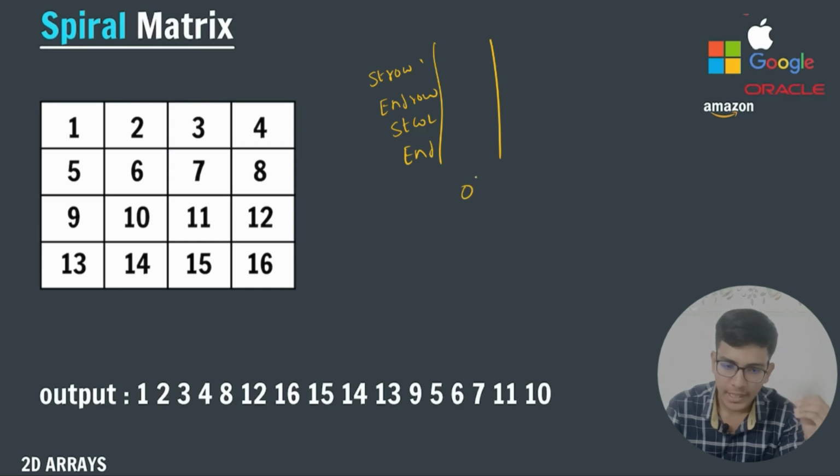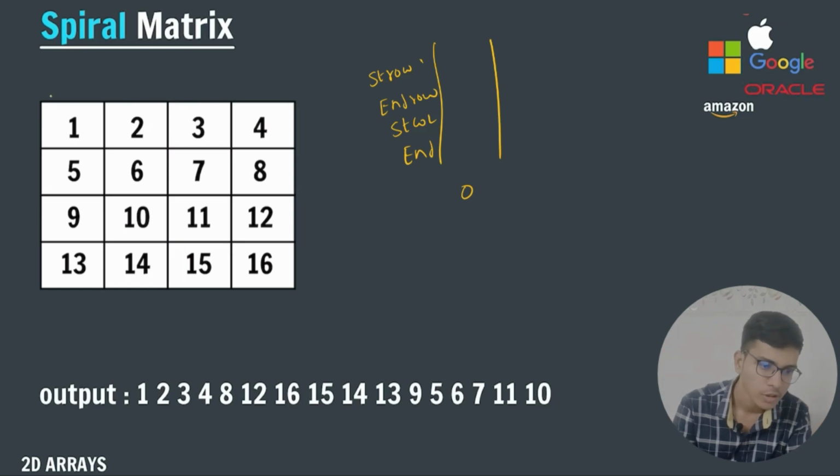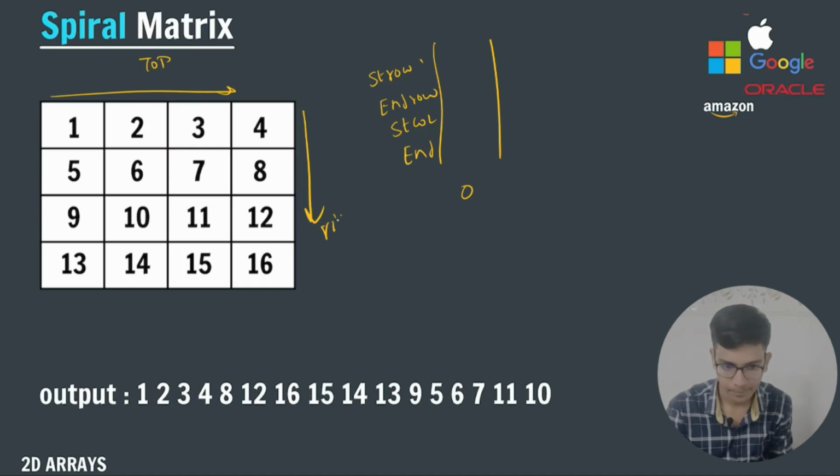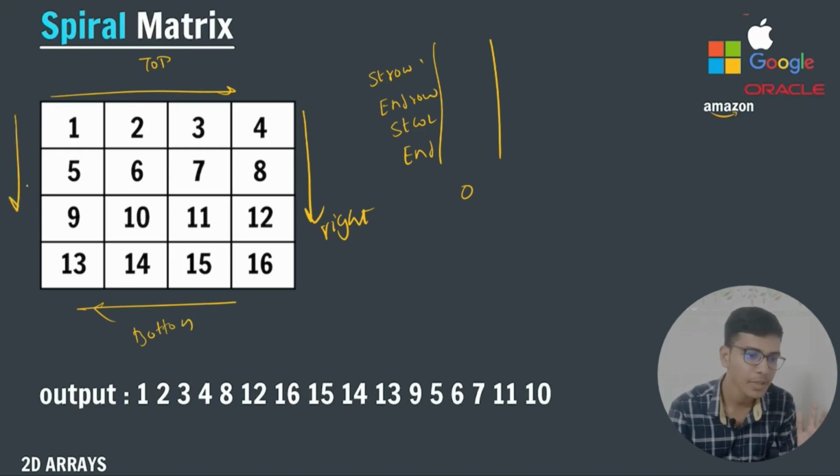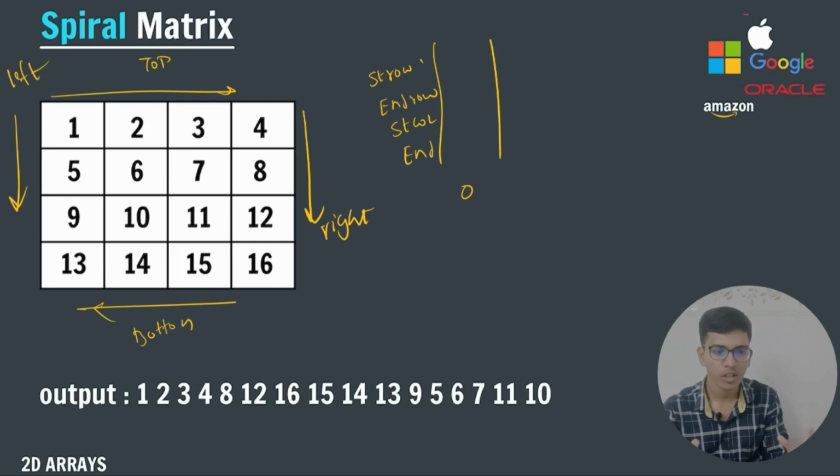At the 0th iteration, that is my first iteration, this is my top, this is my right, this is my bottom, and this is my left. These are the terminologies that we have to understand first to solve this question.